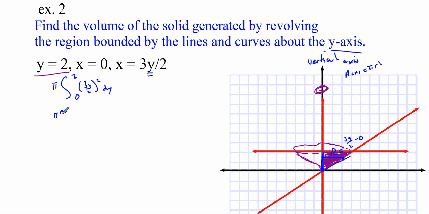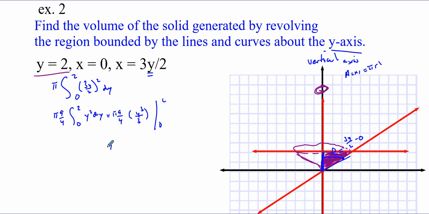So I'm just going to put 9/4 on the outside. There's 0, 2 right there. We'll have y squared dy, pi and then 9/4. So go over here. That's going to turn into y cubed over 3. And we're going from 0 to 2.